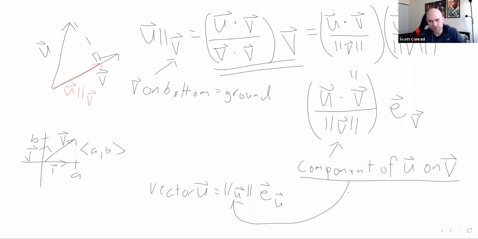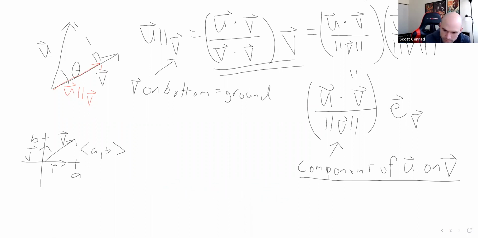If the angle is obtuse, the dot product is negative, so you get something pointing in the opposite direction. If the angle theta between U and V is acute, they're pointing in the same direction, you get something positive, and you get a vector pointing in the same direction as V. Sorry, a lot of that was kind of extraneous, but this is what you need to remember.